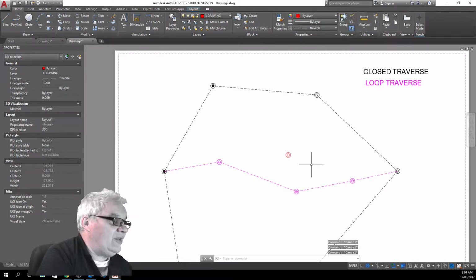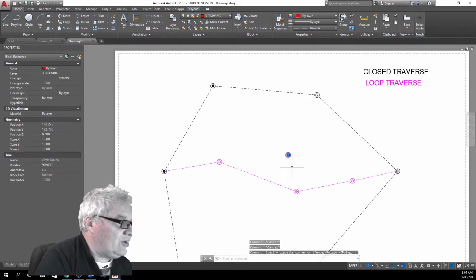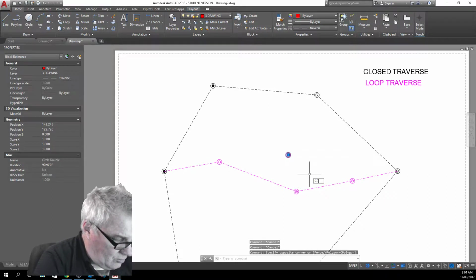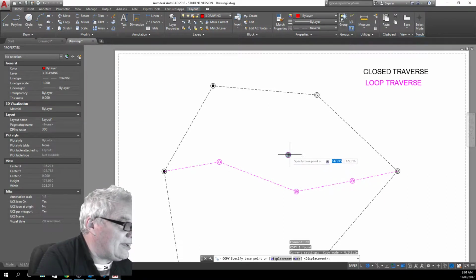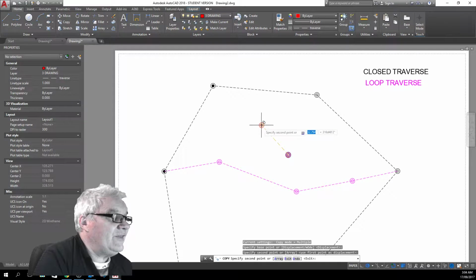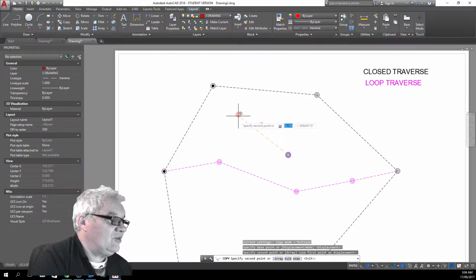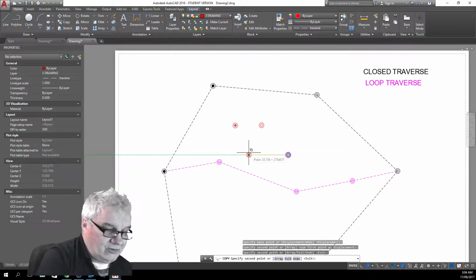Okay, so the hanging traverse, I might just copy, and we might just put a couple of marks in there for the hanging traverse. Just say it goes like that.